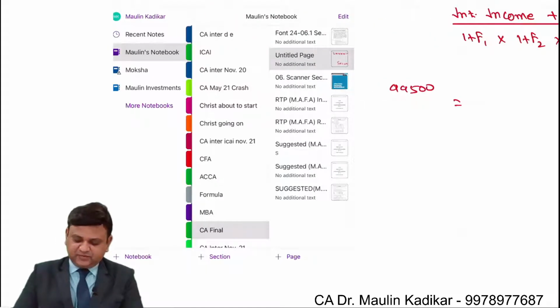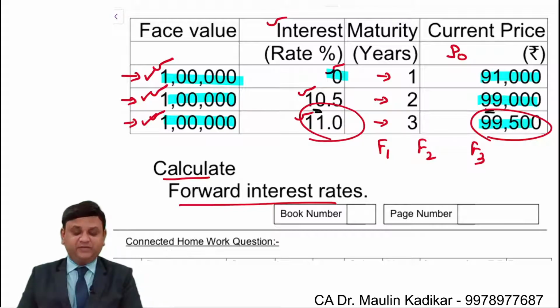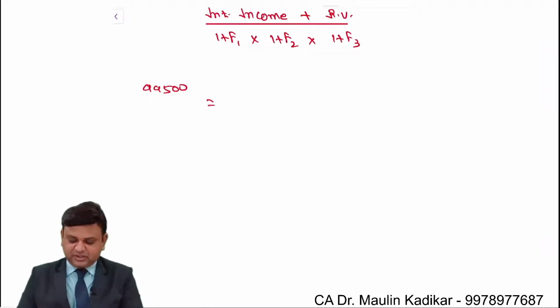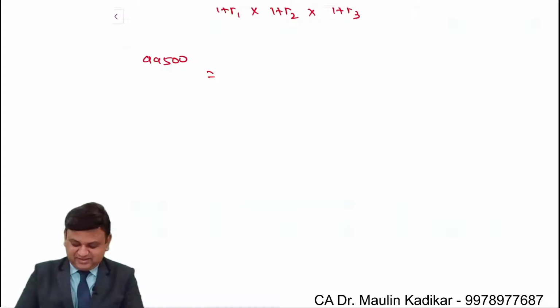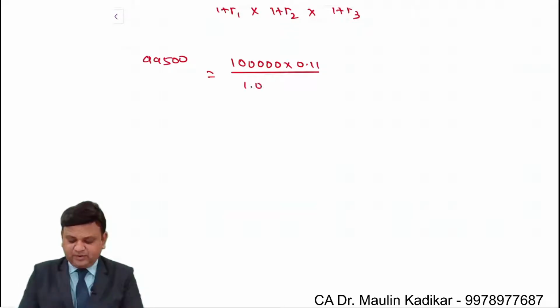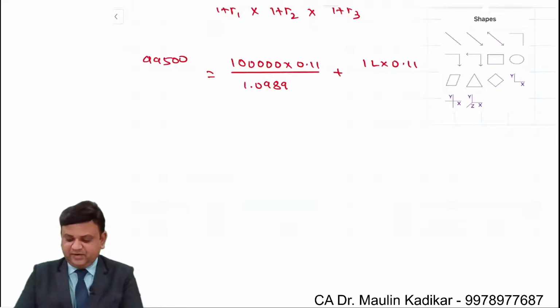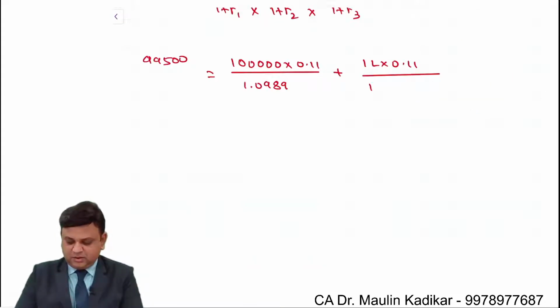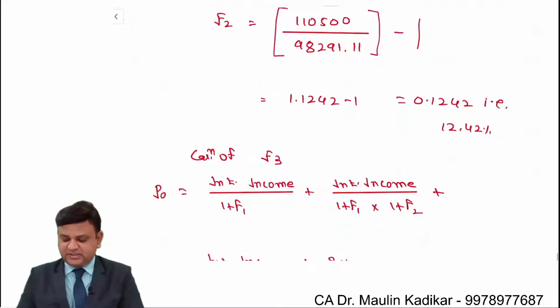What is the interest income for the first year? 11% of 1 lakh. Why? Because the face value is 1 lakh. So 1 lakh into 11%. Now this will be discounted using the first year forward rate, 1.0989. Plus for the second year, again 1 lakh into 11% divided by 1.0989 into the second year rate, 1.1242.